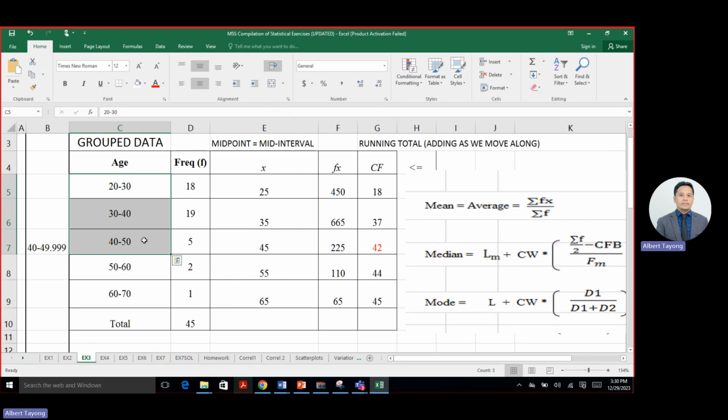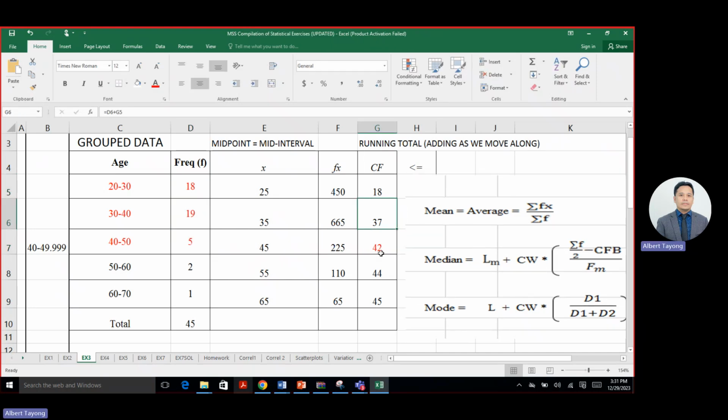So if you count all the occurrences, the frequencies from 20 until here, that would be equal to 42. So 18 plus 19 plus 5 is correct, because 18 plus 19 is 37, plus 5 is equal to 42. So that is the meaning of CF.